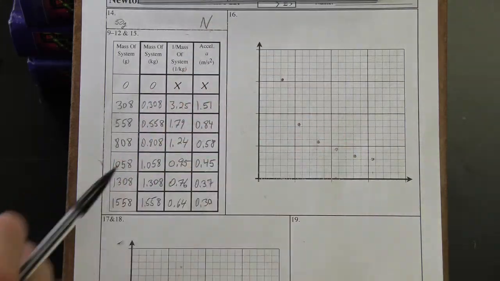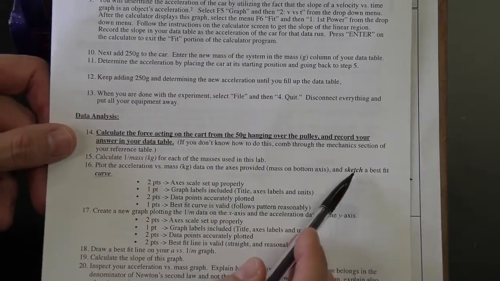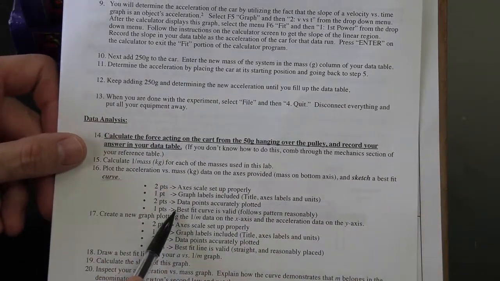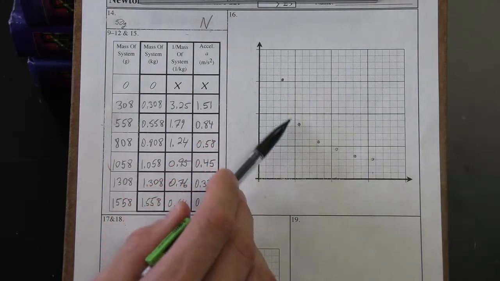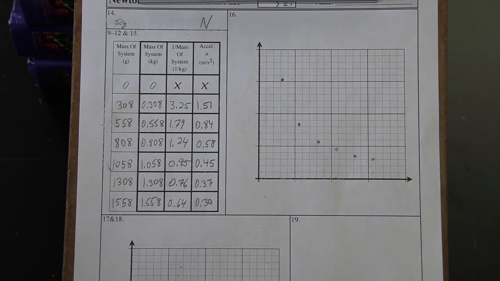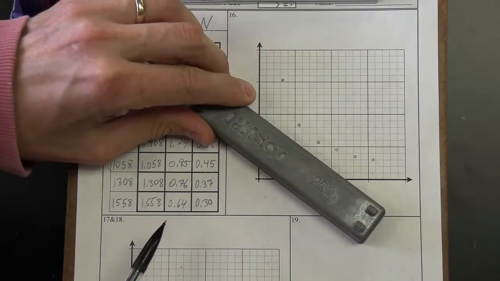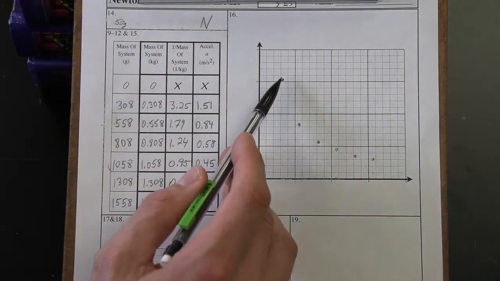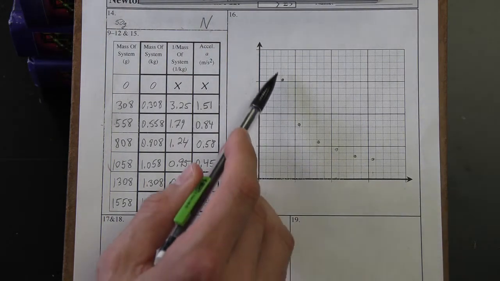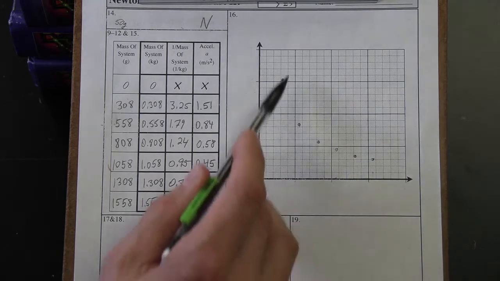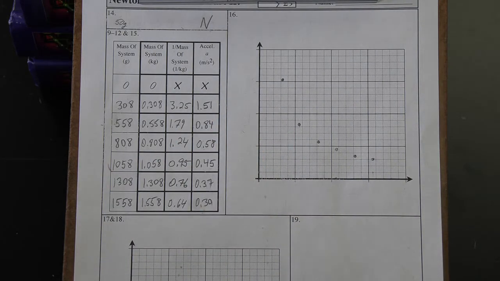So that's the trend. But then, as it said, sketch a best fit curve, and you get 1 point for that. So just some kind of curve that goes through here. Obviously, a straight line doesn't work. You see those points curve. So you could connect the dots, but extend it beyond also and just draw a smooth curve in. All right, so that's that graph.